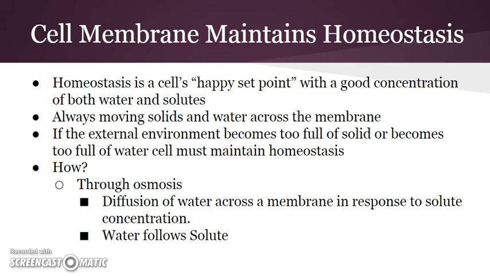So if it has too much water in one area in the cell, it's going to move it towards the outside of the cell where it has a higher concentration of the solid. And if it has a higher concentration of solid inside the cell, it's going to move it towards the higher concentration inside the cell. So when we move this water, we call it osmosis.